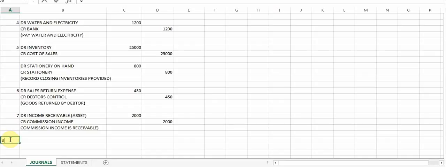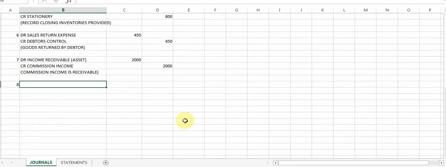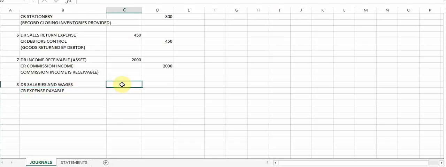For number 8, we have an employee's salary that was not paid. So I'm going to say I need to debit the salaries and wages. And I need to credit the expense payable because this is now still an amount due to an employee, 3,000 Rand.